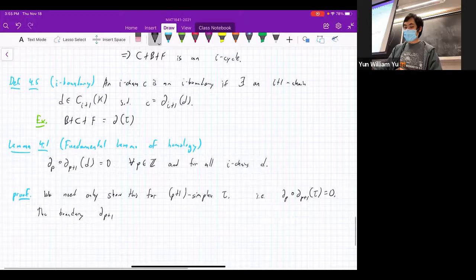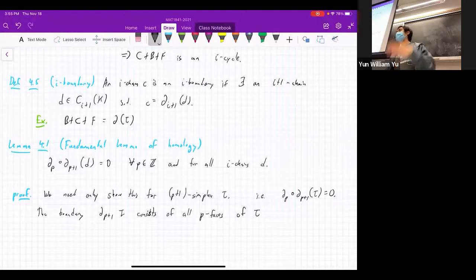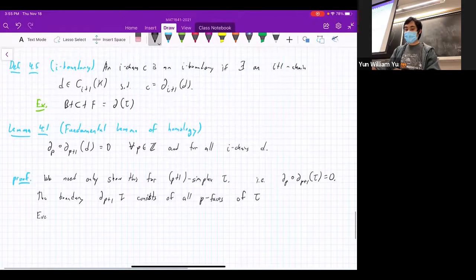Then the boundary, dp plus 1 of tau, consists of all the p faces of tau, right? Since it's a p plus 1 simplex, and so you have all the faces. You can think of a tetrahedron and all the triangular faces off of it. And you'll note that every p minus 1 face of tau belongs to exactly 2 p faces.